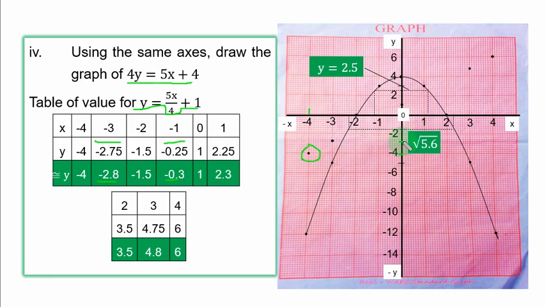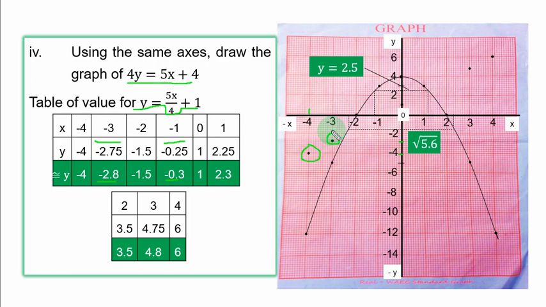You trace to minus 3, and this is the meeting point. When s is minus 2, y is minus 1.5.